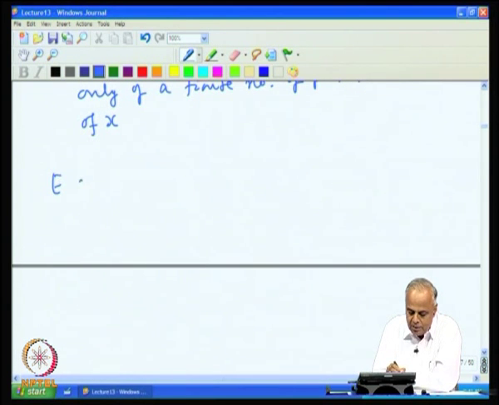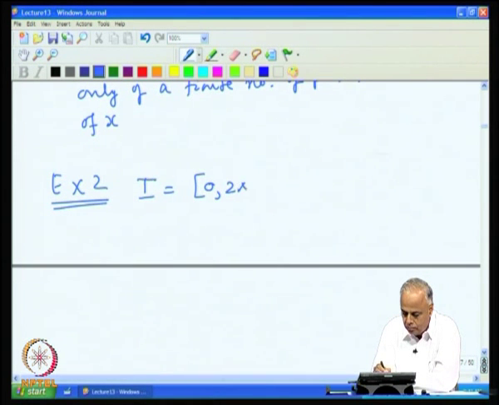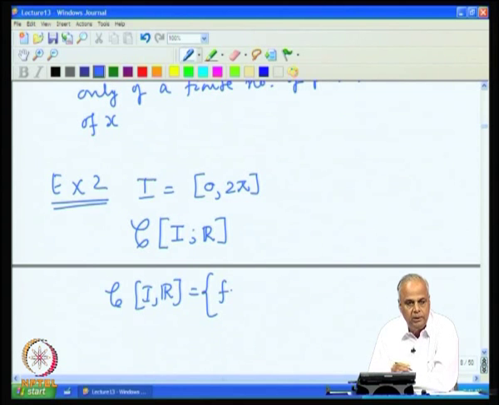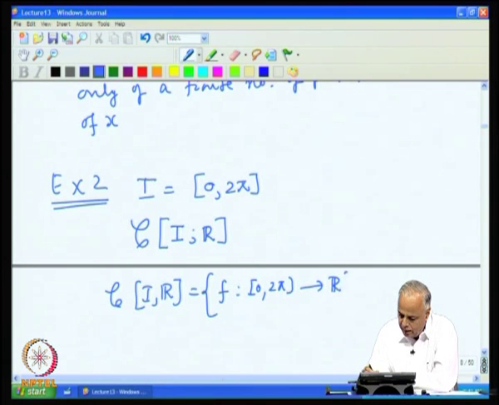Let us look at another example. Take the interval 0 to 2 pi and consider the set of all continuous functions from I to R. That is, C(I,R), recall the definition, is the collection of all functions which map the interval 0 to pi and take real values.